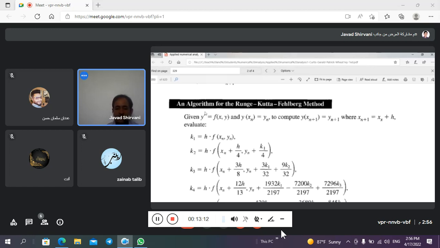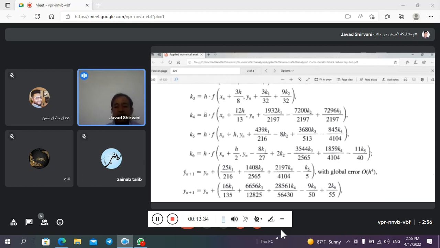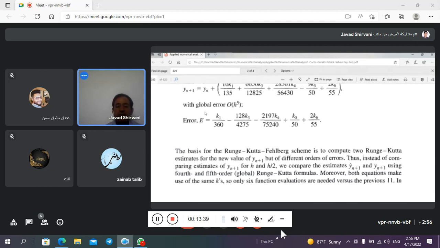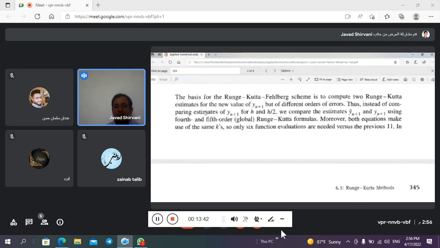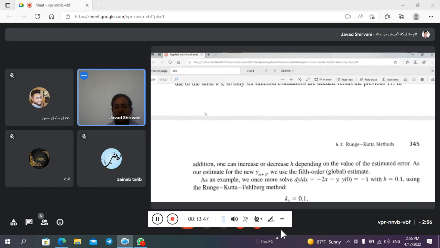And the main objective and goal of this course is also to teach you how to use these methods on a computer, because you know that computing this by hand is impossible, and the only way is to use software like MATLAB or Python or other software which you can use.